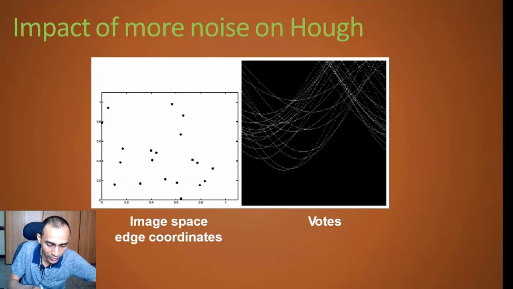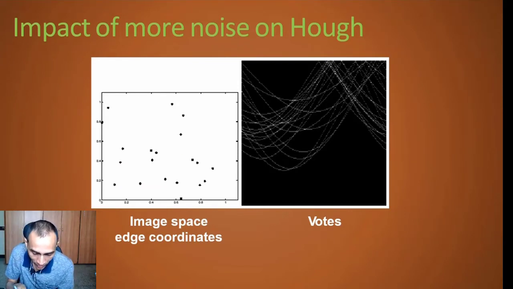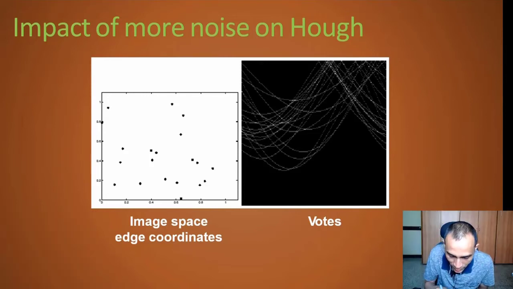If you have huge noise, there is no point in fitting a line in this kind of image. So the Hough transform is not going to give a random answer either, because there will be many peaks, and most of these peaks will be almost similar.